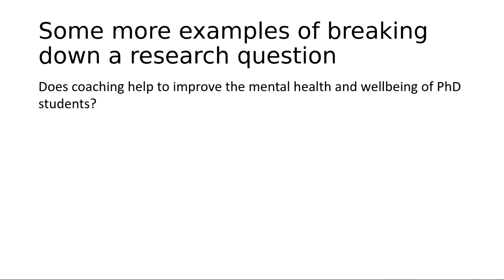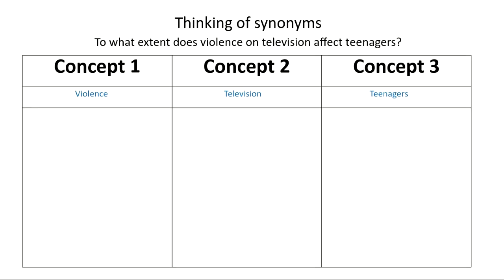So now we're going to think of synonyms. With a search strategy, we need to think of synonyms or other words that can be used to describe our individual concepts. In this example, we have, to what extent does violence on television affect teenagers?